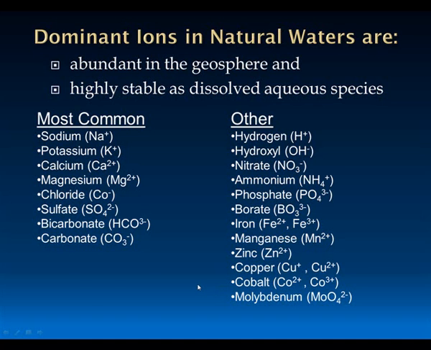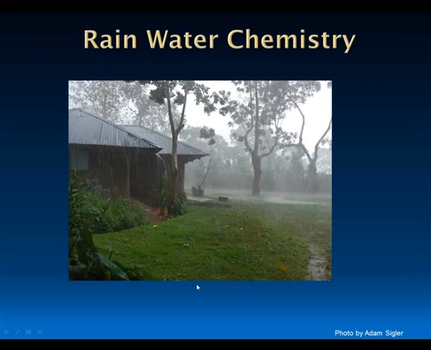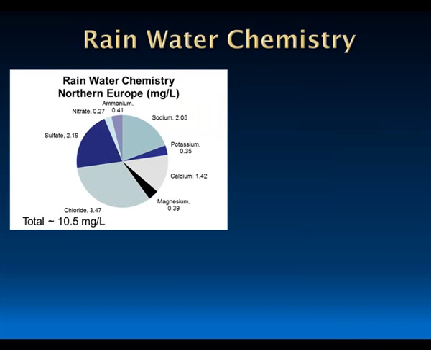And so if we start with rainwater, is rainwater completely pure? Well, it is at the point where it's evaporated, but as it moves into the atmosphere, there are aerosols and other constituents that can become dissolved in that rainwater. And so this is an example from the Boyd reading of rainwater chemistry in Northern Europe, and we can see that there's 10 milligrams per liter, not a negligible amount of total dissolved solids in that precipitation.